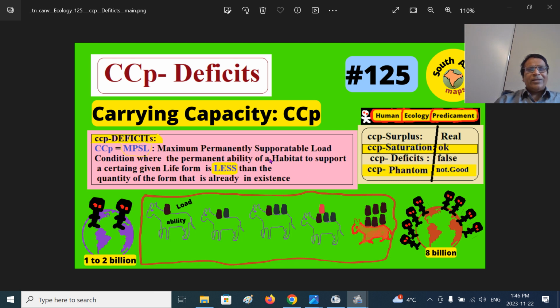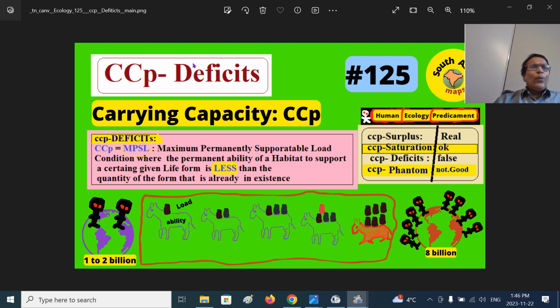What is the ability of this particular donkey to support this load? So carrying capacity is just the ability, and it has to support this load permanently. That is a very critical point. Just supporting it for walking 5-6 minutes is not enough, it has to walk forever. Theoretically speaking, a permanent ability.